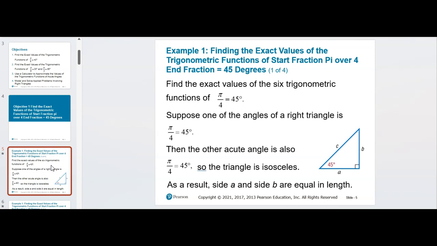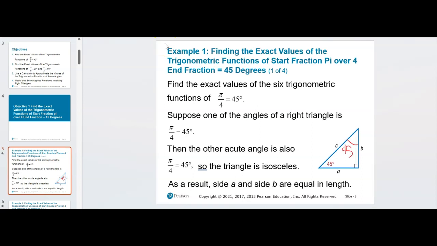Okay, so if we have a 45 degree angle in a right triangle, well, by the 180 rule for triangles, all angles in a triangle add to 180. Well, I know that this has to be 45 also. And that means that A is equal to B. They have the same length.